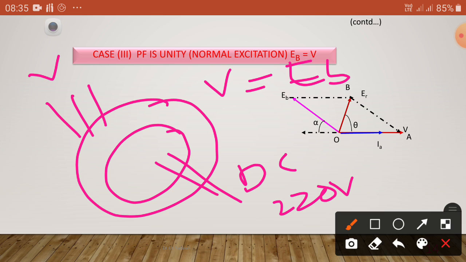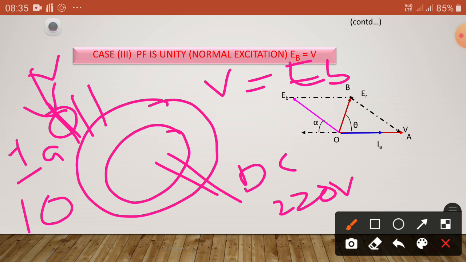At that condition, it draws the armature current at unity power factor. V and I are in phase, the angle between the two is 0, cos 0 is equal to 1, UPF.